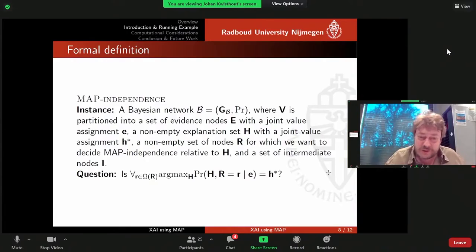So is this set of variables independent relative to the explanation? Will the value assignment to this variable not change the best explanation? So this is the problem that we are interested in, and of course the complement problem, to see whether the set is MAP dependent, would say that there would be one explanation that differed in the best explanation.